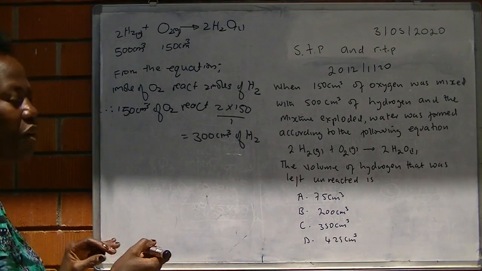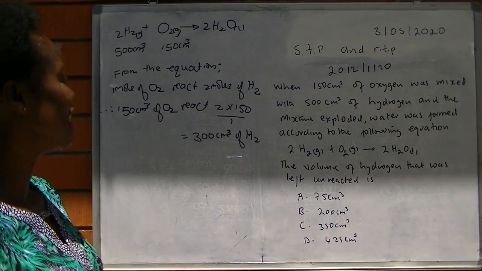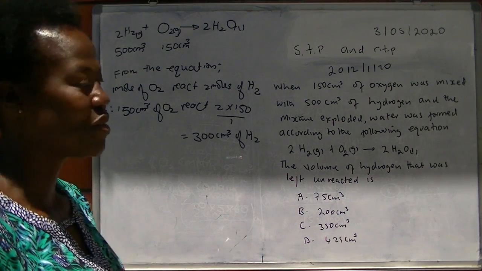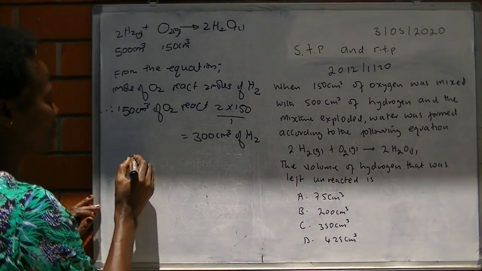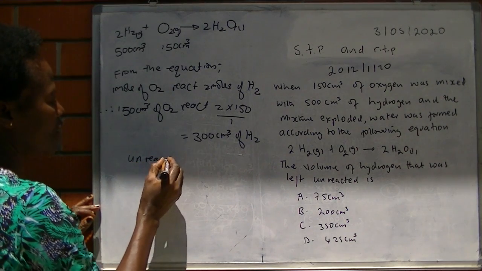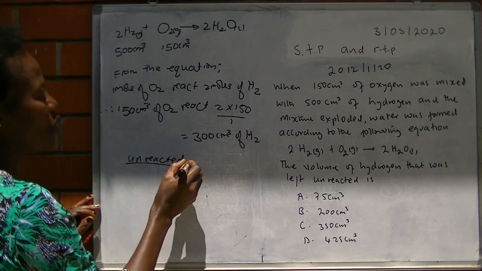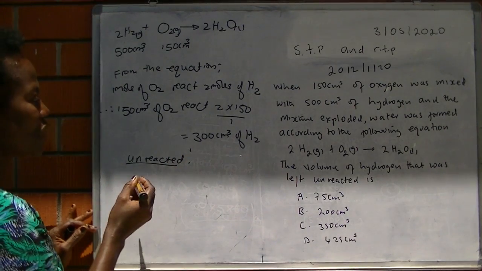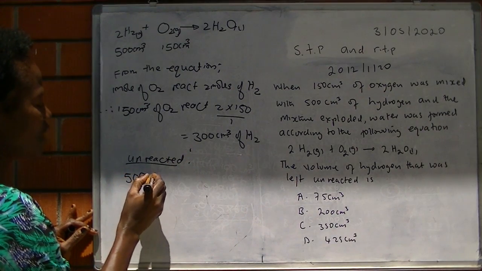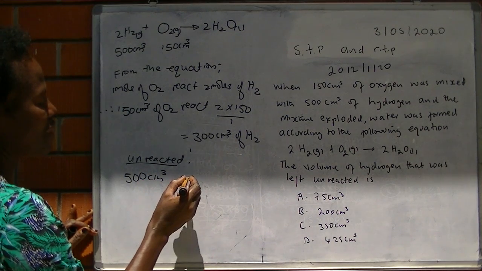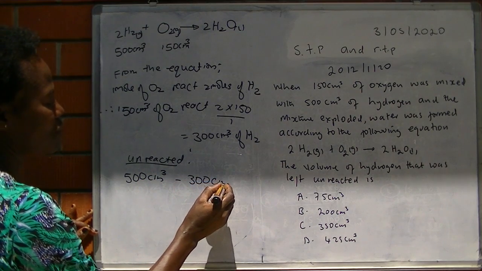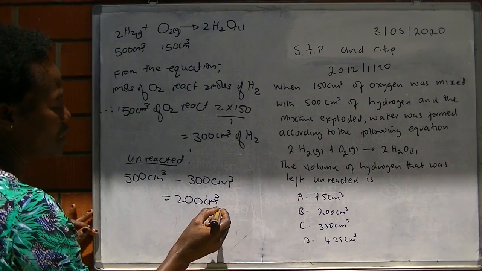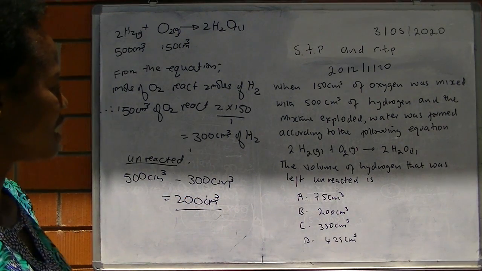So this is the only amount of hydrogen that reacted, but mind you, they mixed 500 cubic centimeters of hydrogen. So the unreacted one we obtain by subtracting 300 cubic centimeters from 500 cubic centimeters, which is equal to 200 cubic centimeters that remained unreacted.